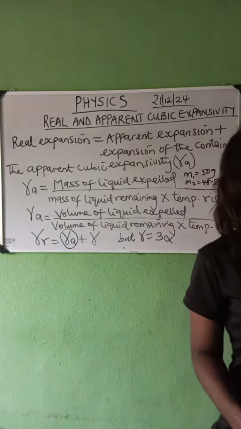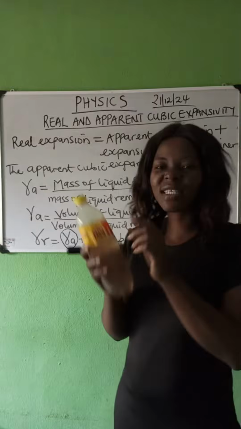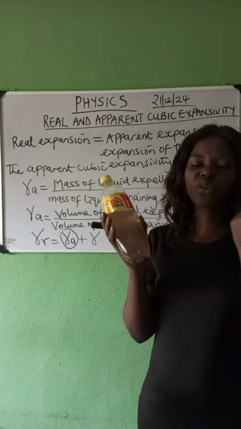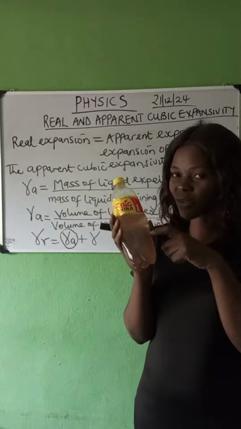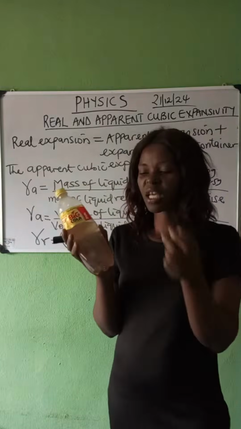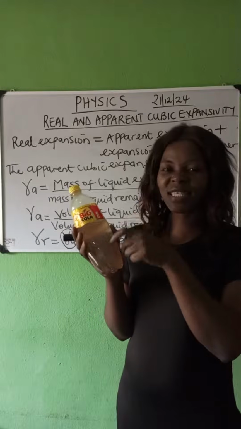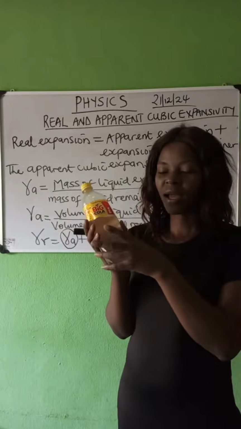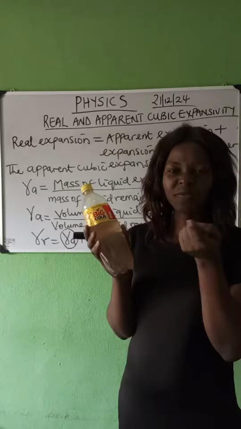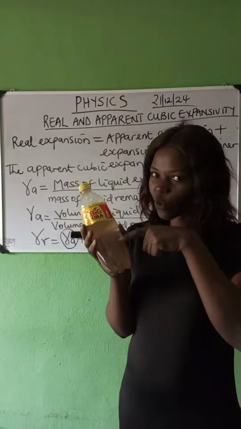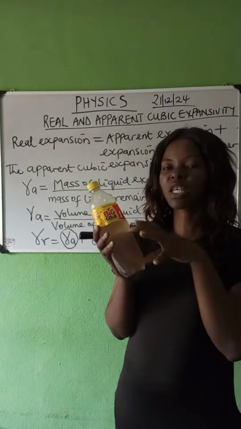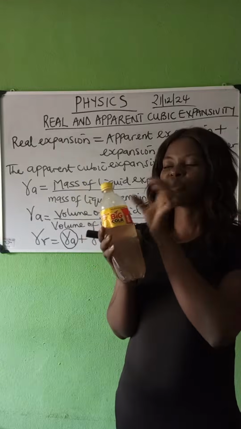Now let me do an illustration again. I want to heat this liquid inside this container. How do I know the real expansivity of this liquid inside this container? This container can expand once heat is applied to it. So we are going to heat this container. After heating the container, we're equally heating the liquid. For the expansivity of this liquid inside this container, I'm going to consider the apparent cubic expansivity of the liquid inside the container and the expansivity of the container.